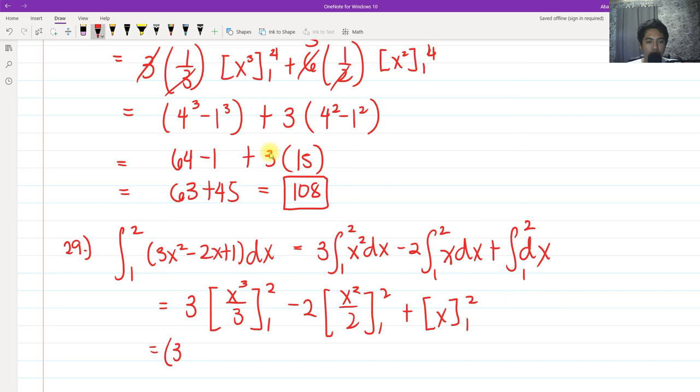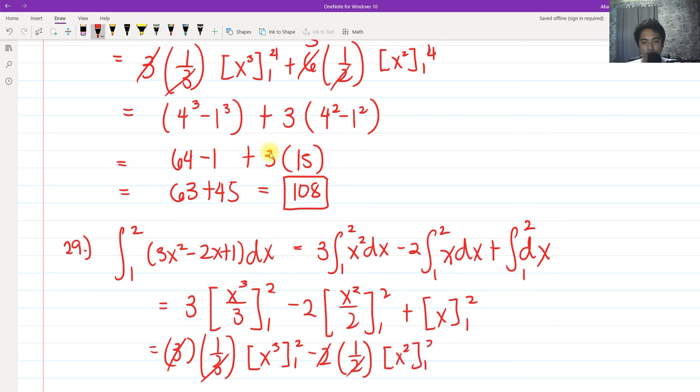So we can factor out 1/3, so this cancels. So we have x cubed from 1 to 2, minus 2, factor out 1/2, so this cancels. So we have x squared evaluated from 1 to 2, plus we have x evaluated from 1 to 2.